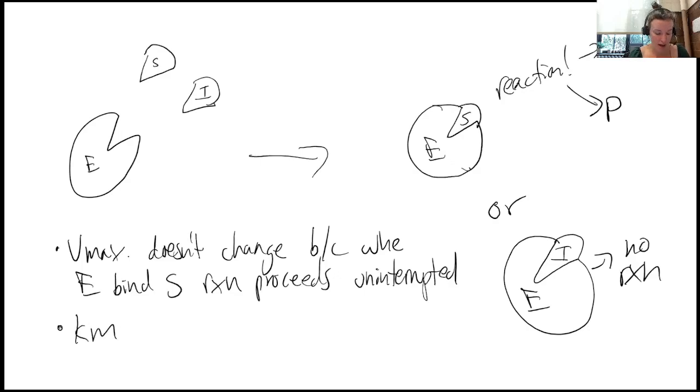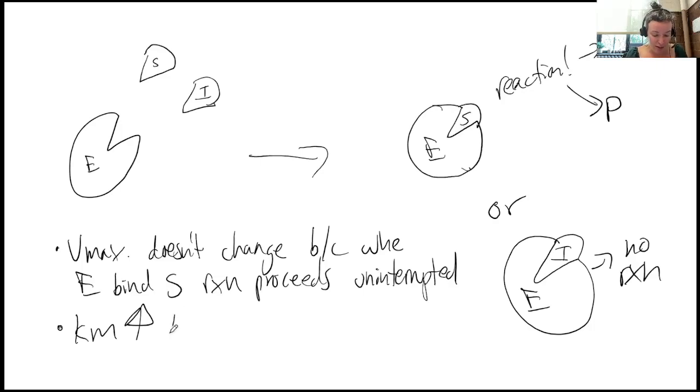Km, on the other hand, appears to increase because what's happening is the inhibitor is literally blocking the enzyme from binding its substrate. So a lot of the time it looks like the enzyme can't bind the substrate. We know that enzymes with larger Kms bind substrate more poorly, right? Well, of course, if the enzyme is now sometimes binding inhibitor, it looks like it's binding substrate more poorly.